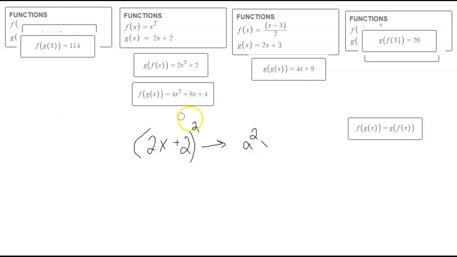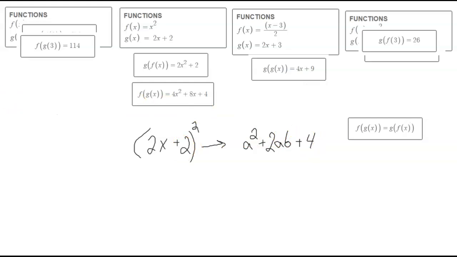It's going to be your first term squared, plus 2 times your first and last term, plus your last term squared.